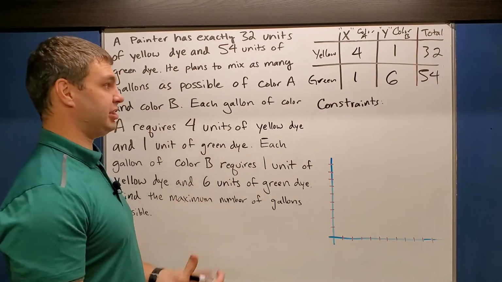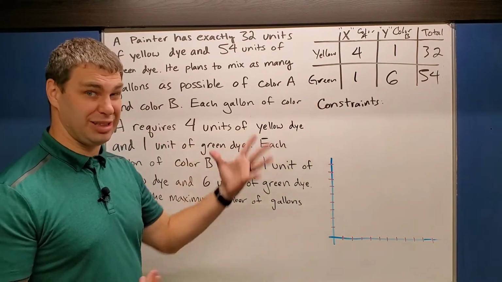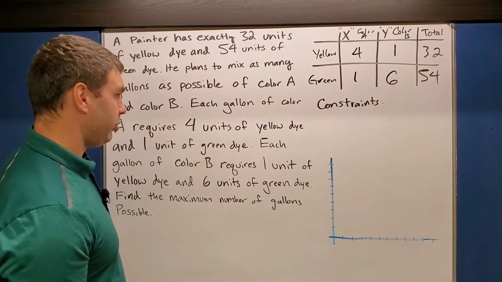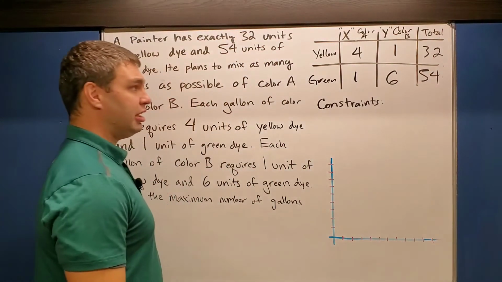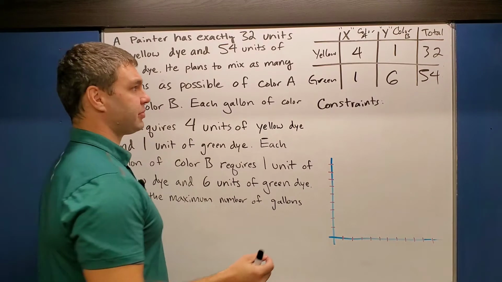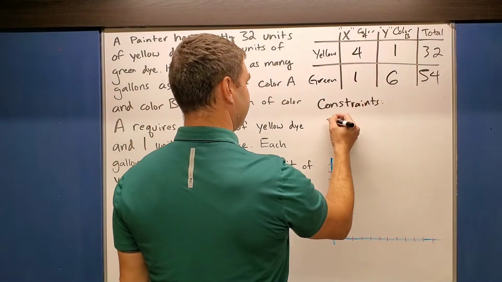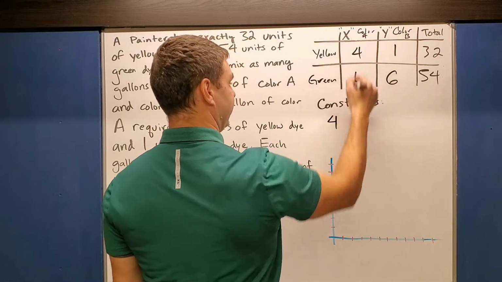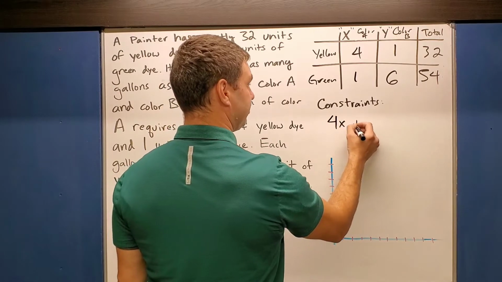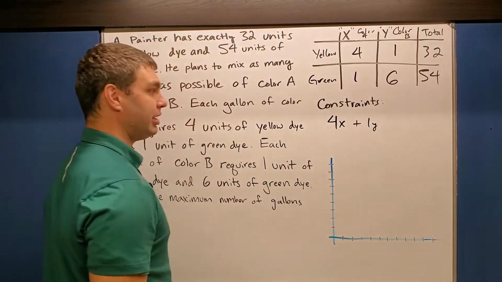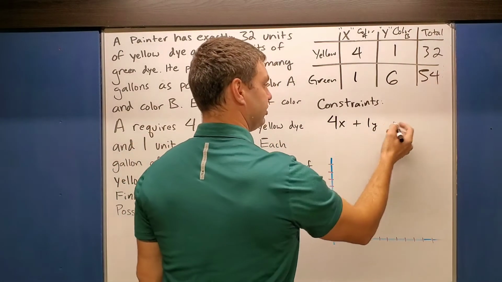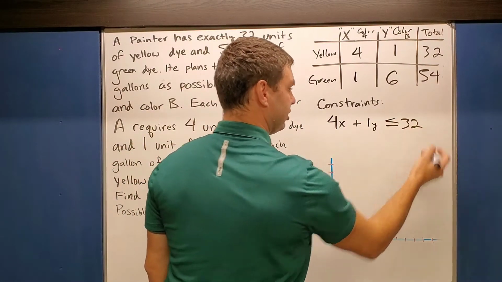Now we have to decide what that means for our constraints, or the inequalities. If I have no more than 32 units of yellow to use, then for color A, my X quantity, I take 4x plus 1y, that's in my Y column, and I can't go more than 32, so it has to be less than or equal to 32.